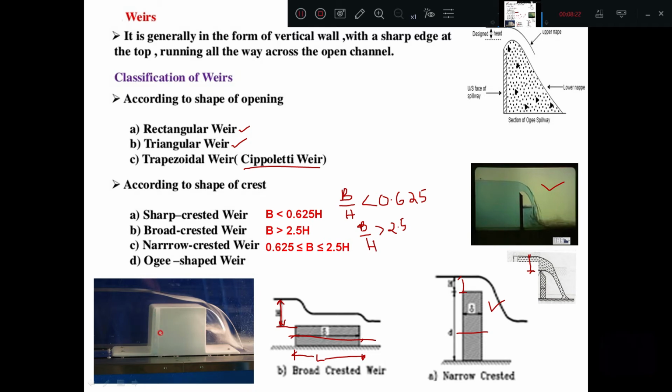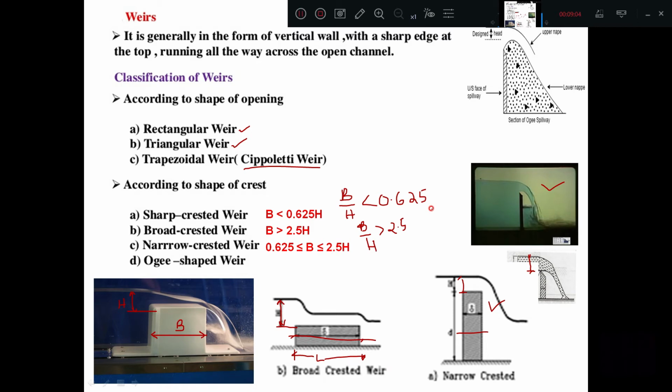If you take the ratio B by H, this is B, and this is the height H. If the B by H ratio is greater than 2.5, it is classified as a broad crested weir. I hope you understood the classification of weirs based on the shape of the crest. It is very important to identify the weir as a sharp crested weir, broad crested weir, or narrow crested weir.